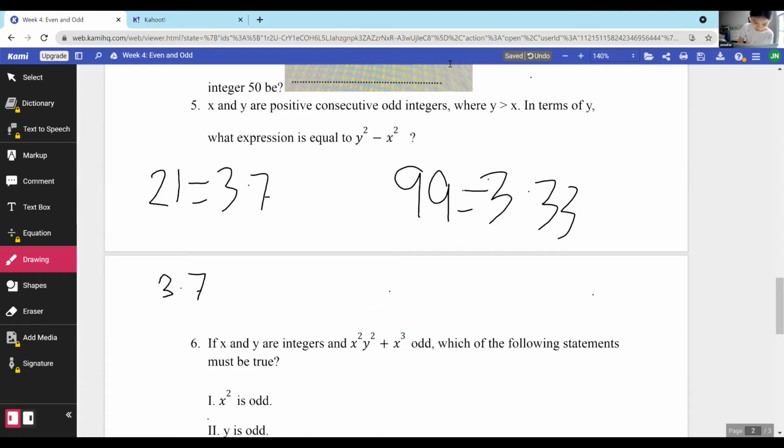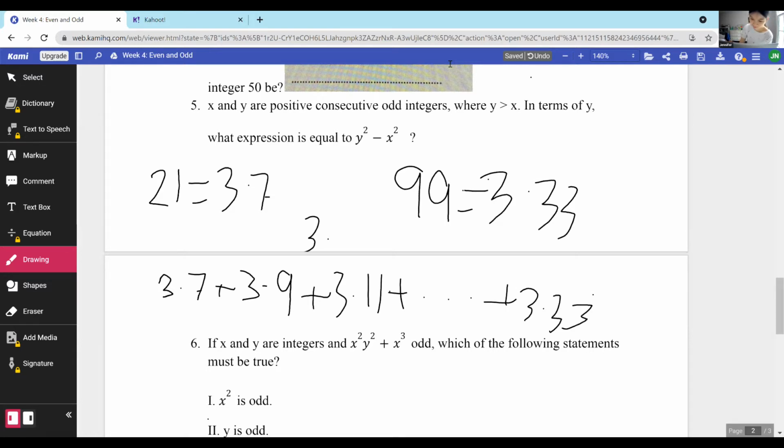And now, all the terms, you could actually ignore the even terms. Even terms are basically 3 times an even number, since that's even times even. So skipping 3 times 8, you go to 3 times 9, 3 times 11, and so on, up to 3 times 33.